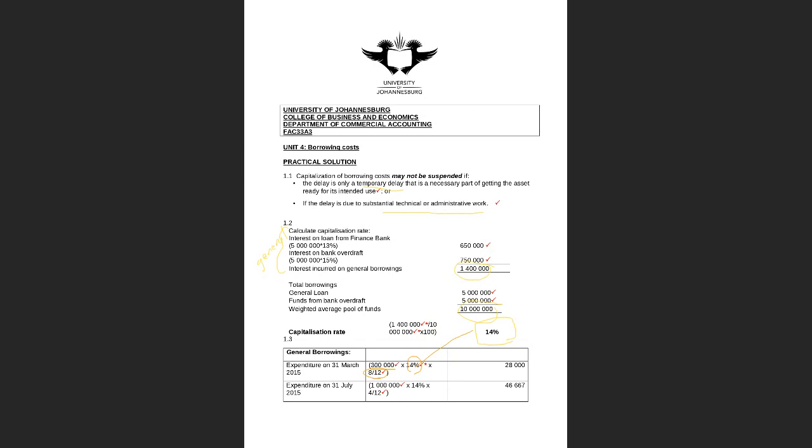Then the next payment was the 1 million. Multiply again by the capitalization rate, and then by the number of months, from the 31st of July until the 1st of December, which gives us 4 months.